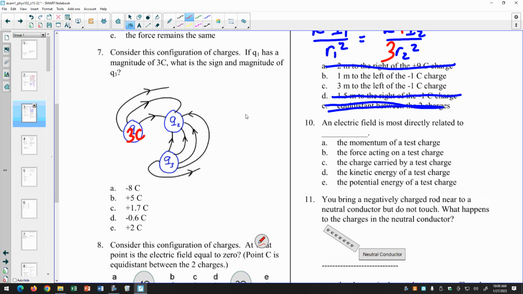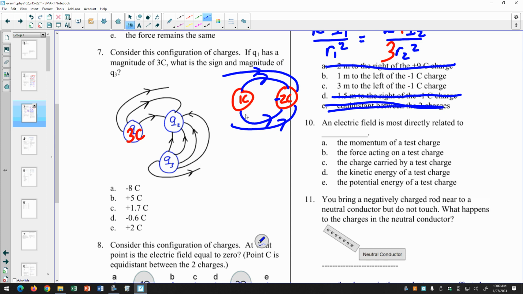Let's say that I have a charge here of 1 coulomb and a charge here of 2 coulombs. When I draw the electric field lines, we're going to say this is negative 2 coulombs. When I draw the electric field lines like this, I'm going to have extra electric field lines going into the bigger charge, so that the ratio of field lines here to here is the same as the ratio of the charges.